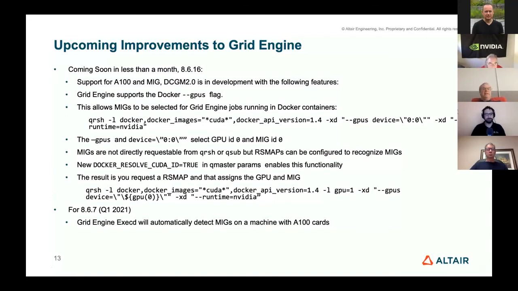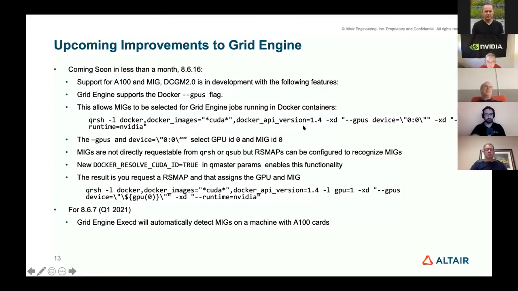We've also added a docker resolve CUDA ID true, and that enables the functionality to handle the MIGs properly. And what that does is provide another slight improvement to the way we do things, allowing you to let Grid Engine choose the GPU and the MIG directly. So that first example, that was like myself.